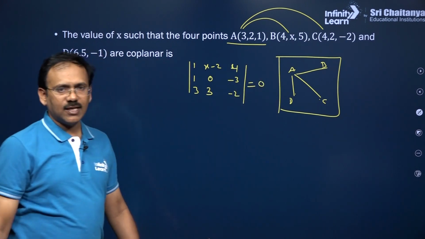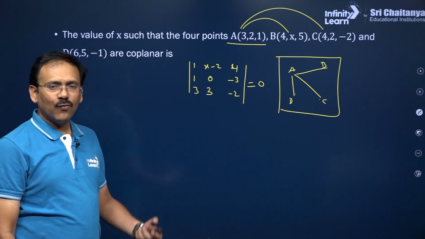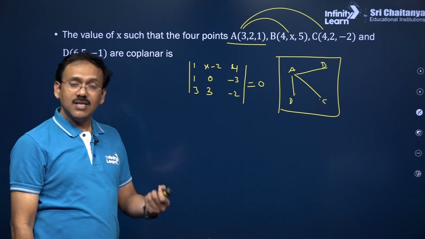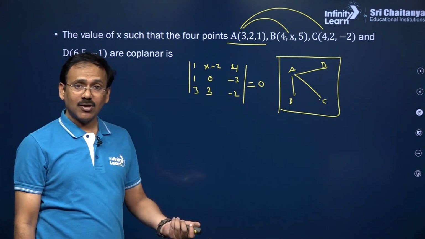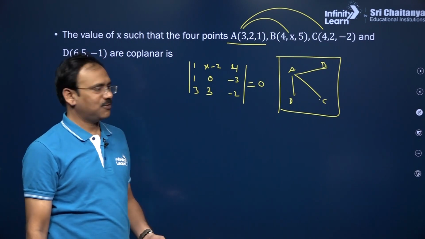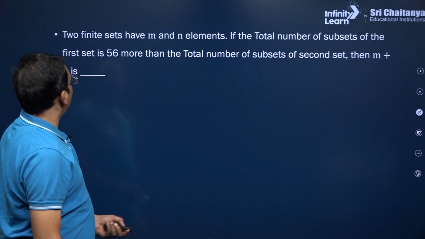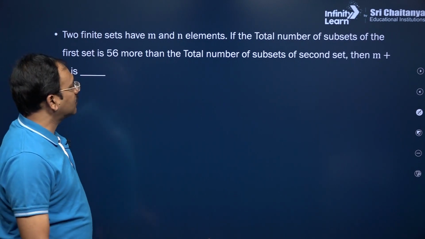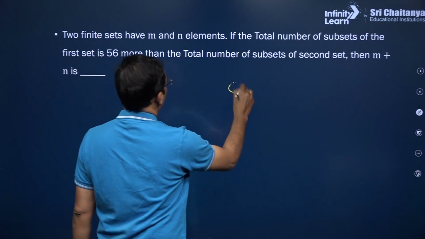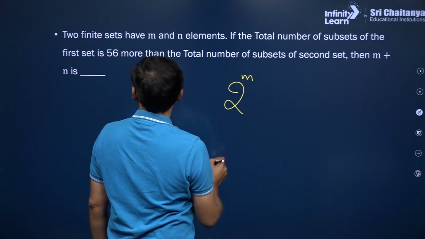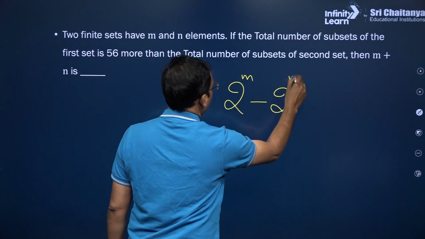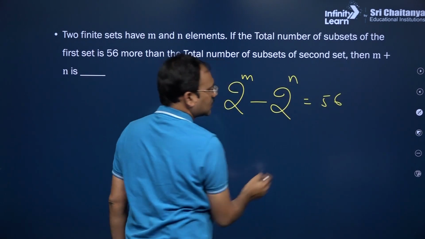From this you will get the x value, my dear friends. Simple. 4 points coplanar means convert them into 3 vectors. 3 vectors coplanar means their box product is 0, that is, the determinant is equal to 0. Next, friends, the finite sets have m and n elements. The total number of subsets of the first set, 2 power m, is 56 more than the total number of subsets of the second set, 2 power n. So 2 power m minus 2 power n is equal to 56, my dear friends.